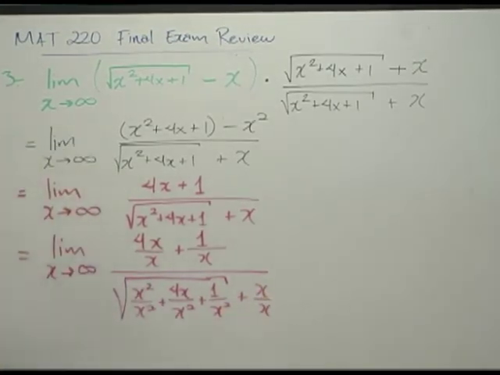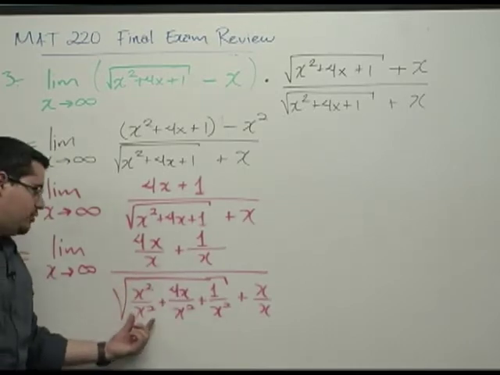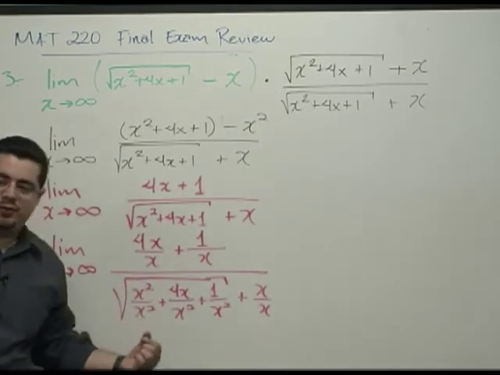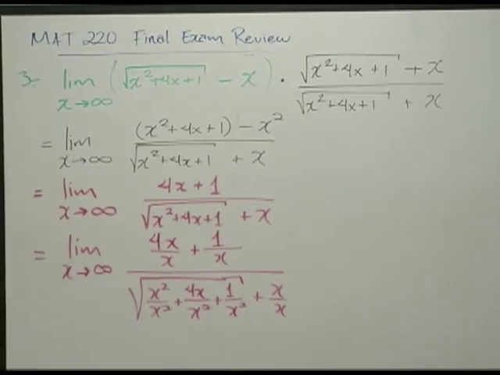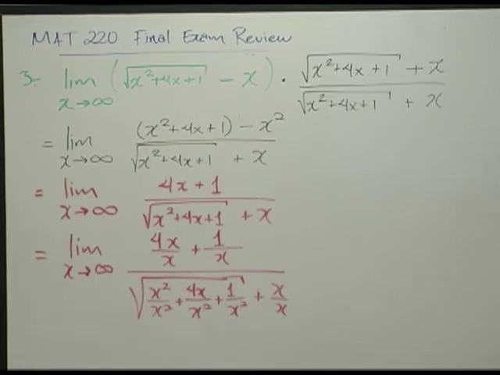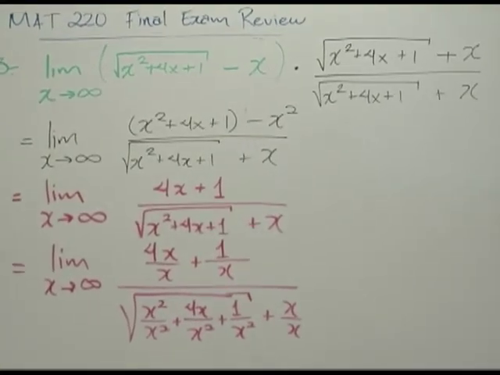Now remember, the difference here between using an x and using an x squared is that the extra is being used inside the square root, right? And what is the square root of x squared for positive values of x? X, right? Okay. Good.